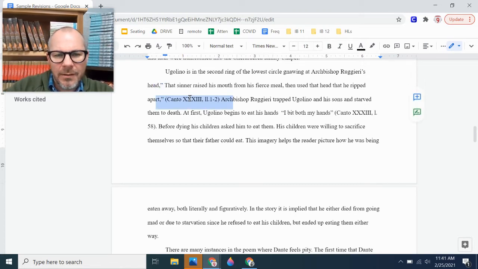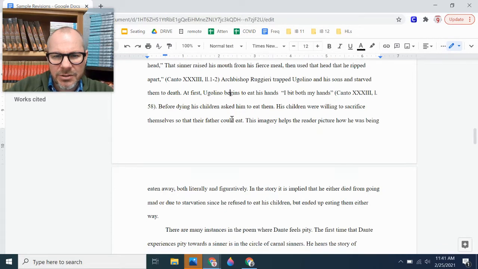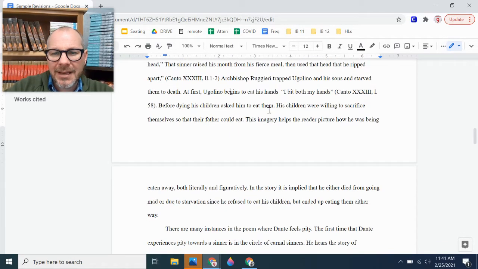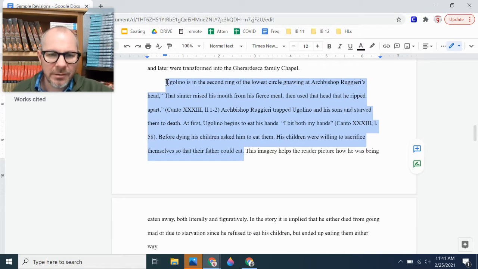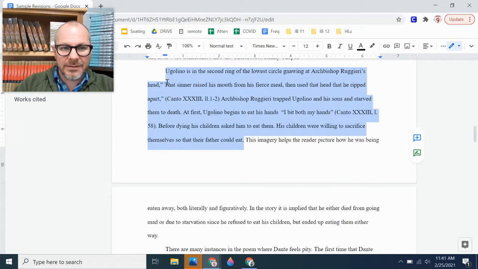Grammar error here. Archbishop Gregory trapped Ugolino and his sons and starved them to death. At first, begins to eat his hands, his children. So what I'm looking for is, and here it is, his children. So everything here is basically a little bit of context, and then a quotation, and then an explanation and more context for that quotation. But there is still not analysis.